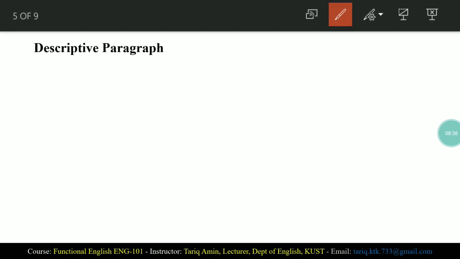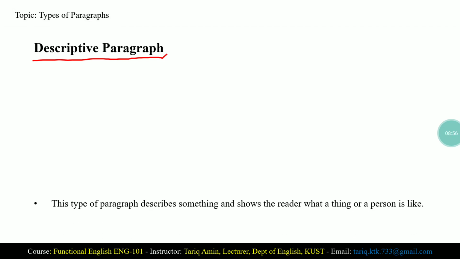The third type is descriptive paragraph. The very title of the type of paragraph shows that descriptive paragraphs are about the description of a particular object.